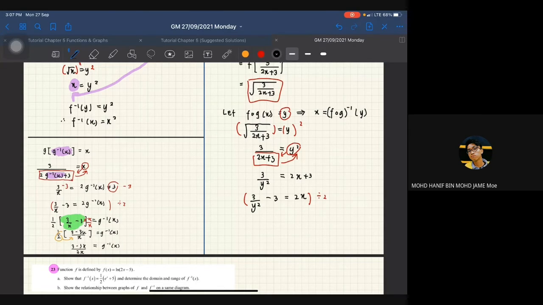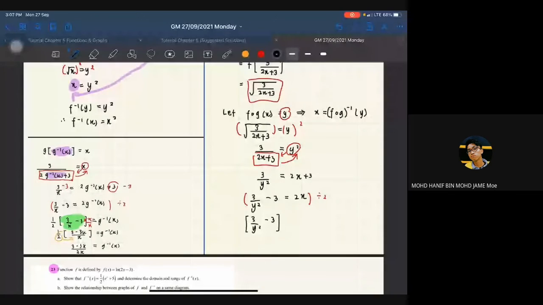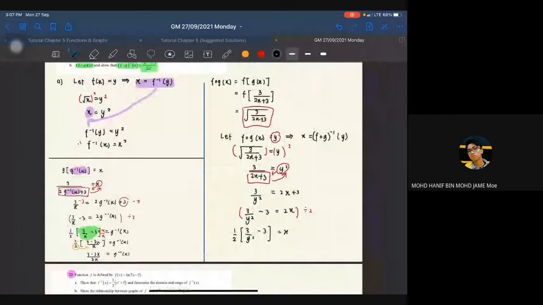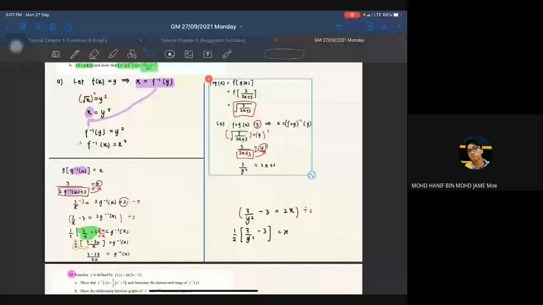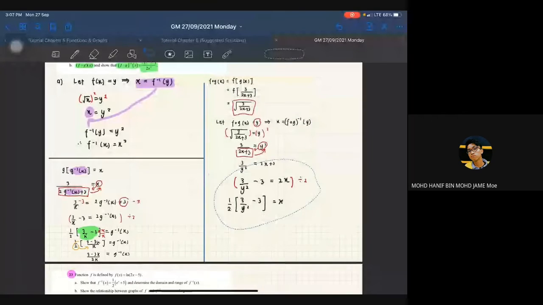So you will have 3 over y square minus 3 in bracket 1 over 2 equal to x. Macam tu. Okay, so kejap. This one tak muat pula untuk saya buat. Kita kecilkan yang atas ni. Duduk ke atas. Okay, yang pindah ke atas sikit.